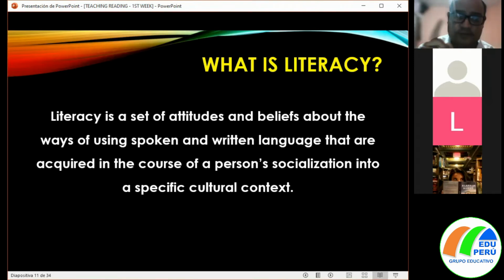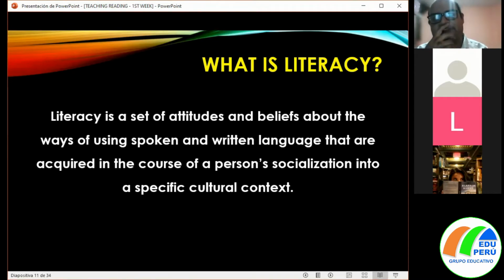But in the past, as I told you before, literacy was just related to writing. For example, in our country, I remember, when I was 12, 13 years old, there was a program, alfabetización. No sé si se acuerdan que había en nuestro país antes un programa, ¿no? Alfabetización, que es literacy. Literacy es similar to say in Spanish, alfabetización.